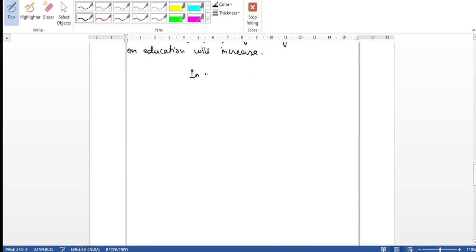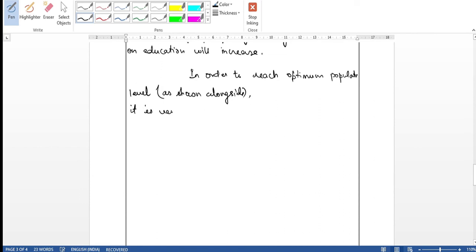In order to reach the optimum population level as shown alongside, it is very important to implement the above suggestions.